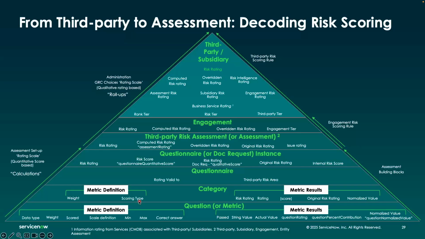Let's look at the attributes of the table that houses the results, where a question or metric in a category is responded to in a questionnaire by the assessor. The key attributes of the assessment category result, asmt_category_result table, include risk rating, rating, normalized value, and original risk rating.